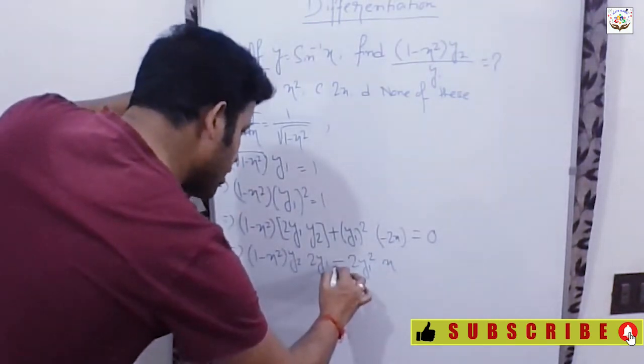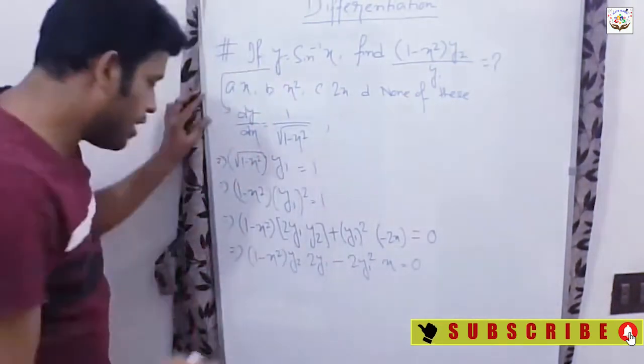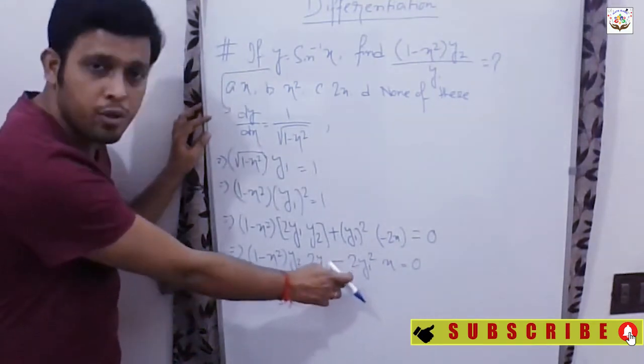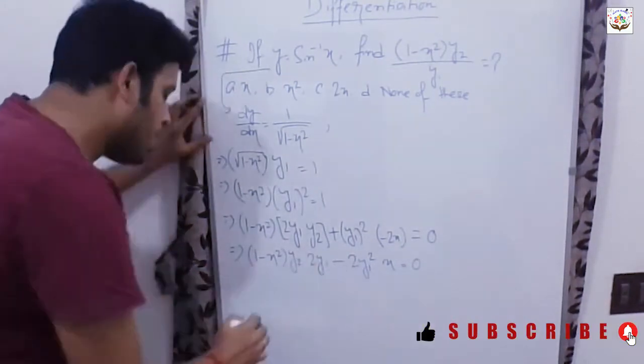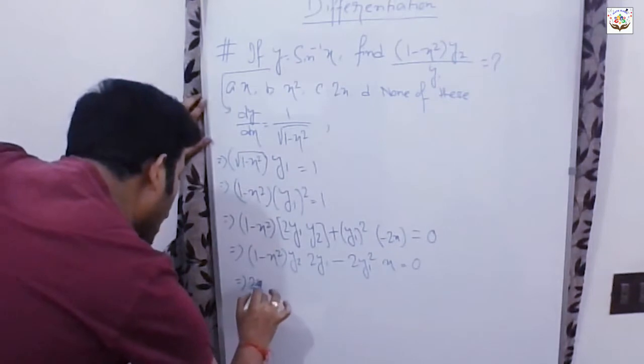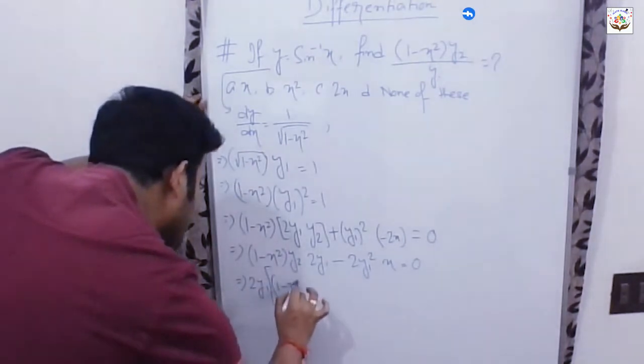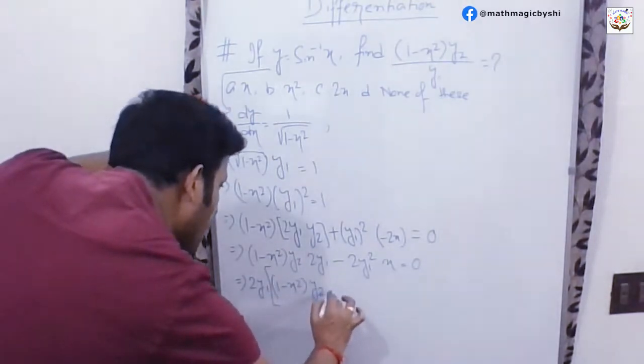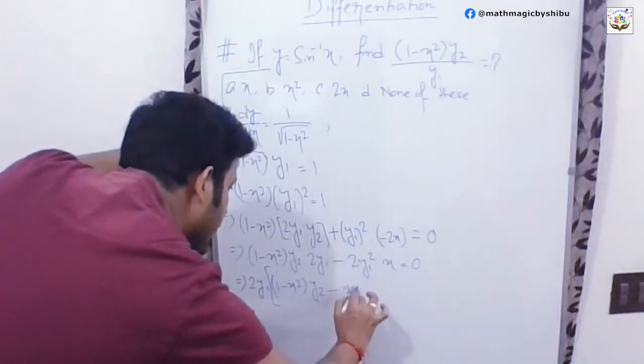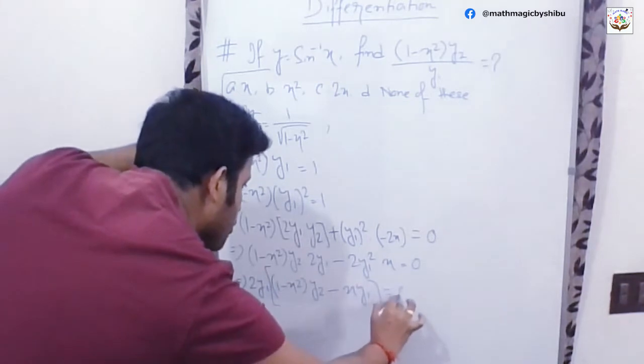We can take 2y1 as common from both parts. So if we take 2y1 as common, we have (1 minus x square) into y2 minus x into y1 equals 0.